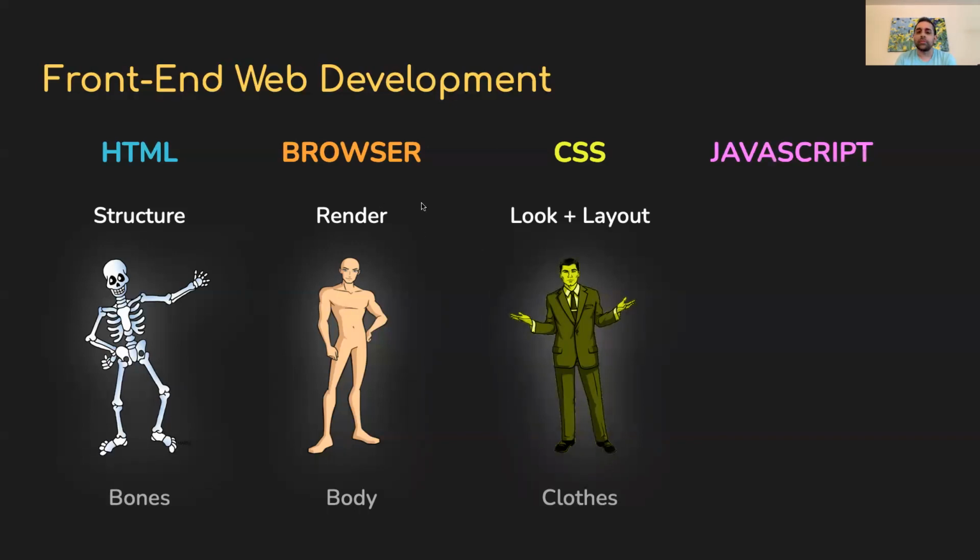And then finally, we have JavaScript. JavaScript is actually the logic that we give our web page. So these components, HTML, CSS, and our browser rendering, give us a web page, something that we can look at and interact with. There's not much that it can do. It's actually just a dumb web page at that point, where users can read stuff. We render content. That's the gist of what HTML and CSS can accomplish for us.